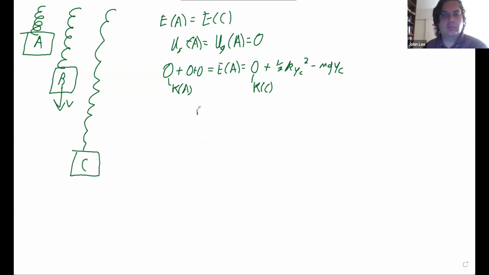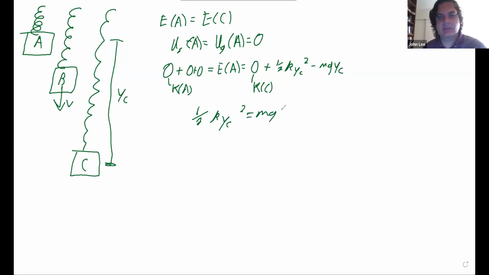So 1/2 K, where YC is just the absolute value of this height, C squared equals mg YC.